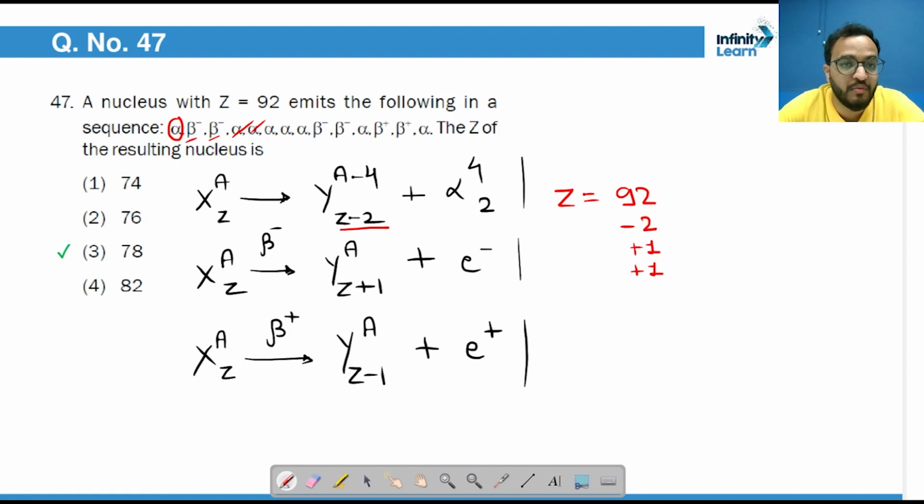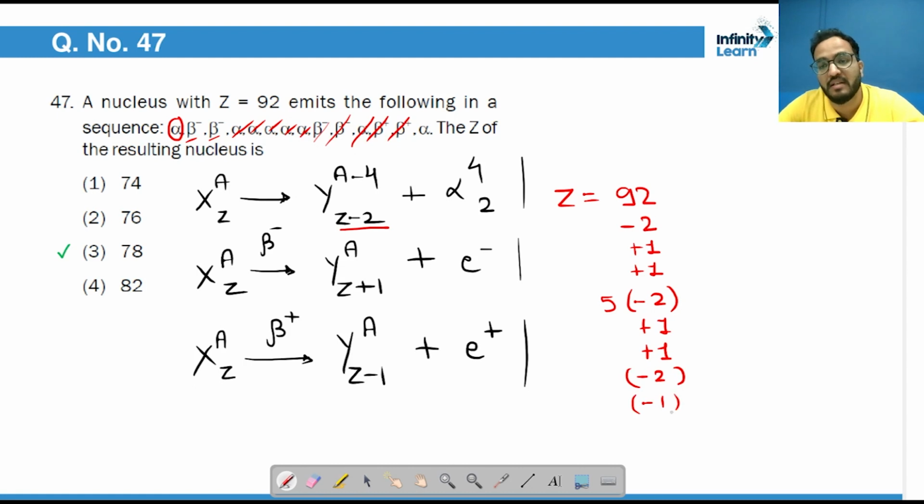Now there are 1, 2, 3, 4, 5 alpha particles, so 5 times minus 2. Then beta negative, again beta negative, plus 1, plus 1. Then again alpha, minus 2. Then beta positive, minus 1, minus 1. Then again alpha, minus 2.